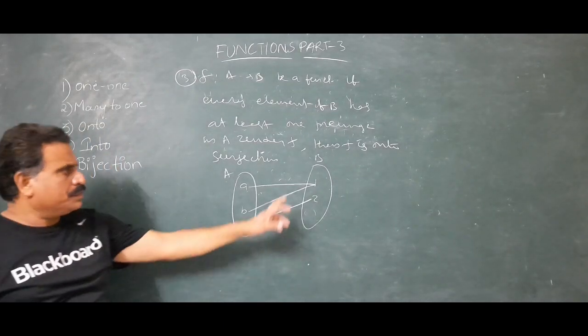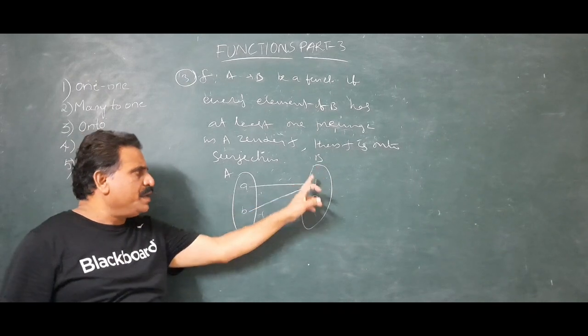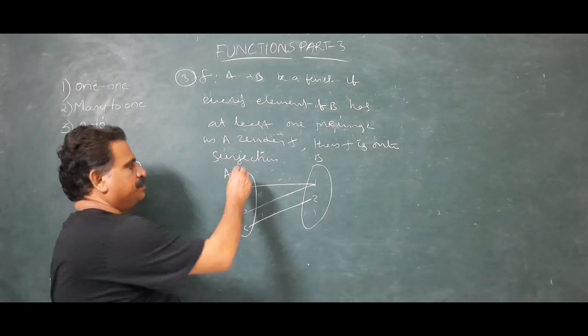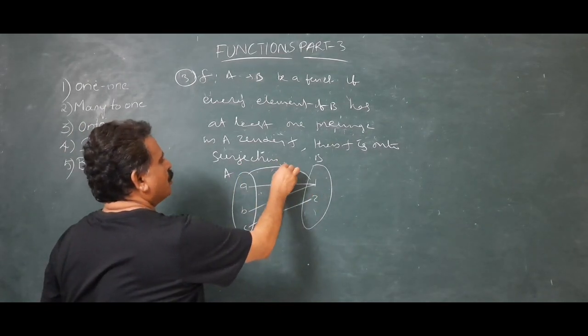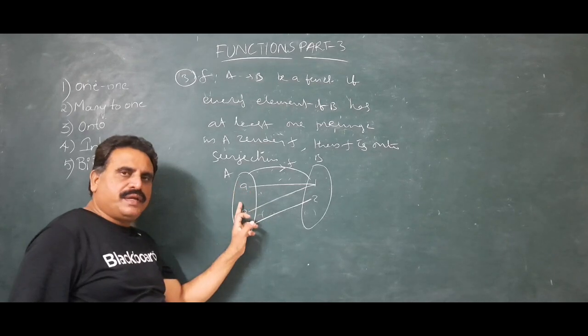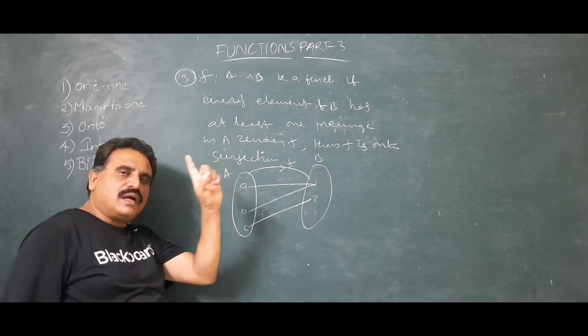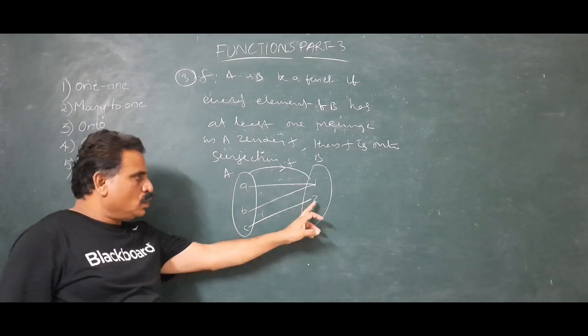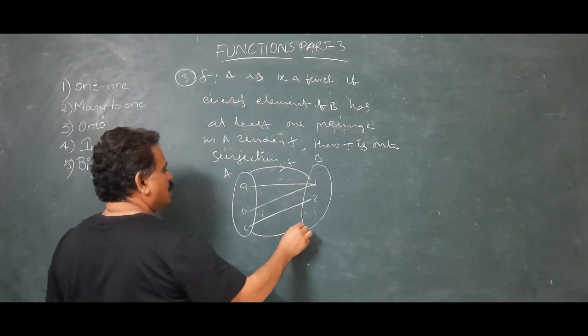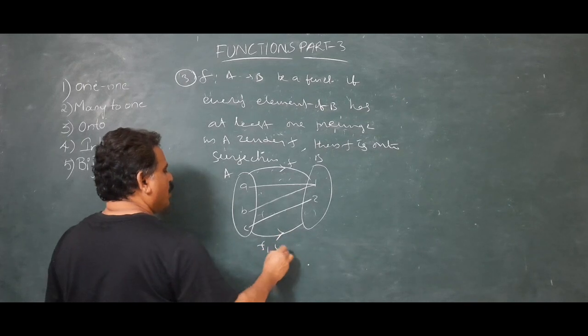By definition, if every element in B has at least one pre-image in A under f, then that is called an onto function. 1 has pre-images: a and b are two pre-images, at least one is enough. 2 also has a pre-image, so clearly it is onto. This is called onto. f1 is onto.